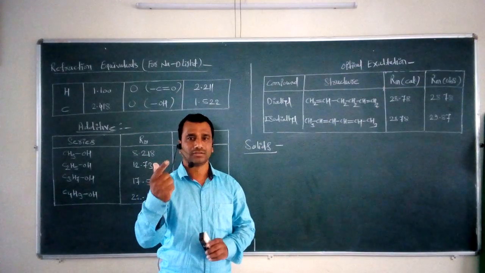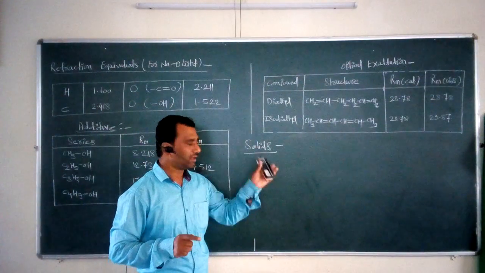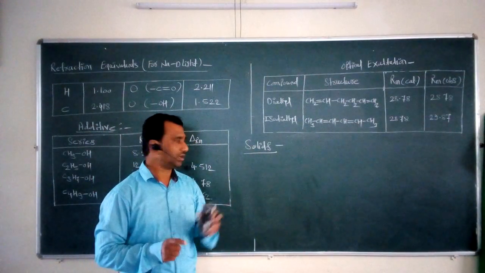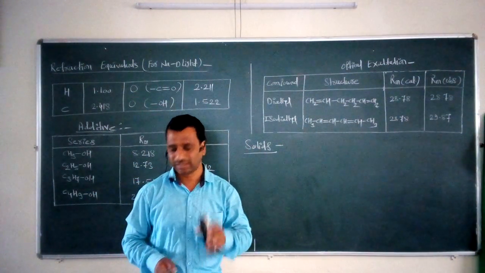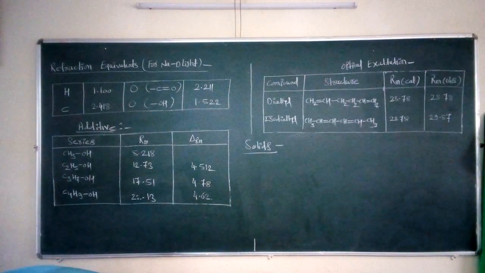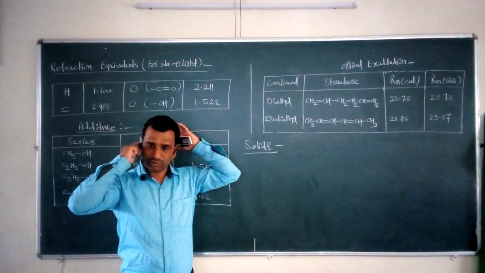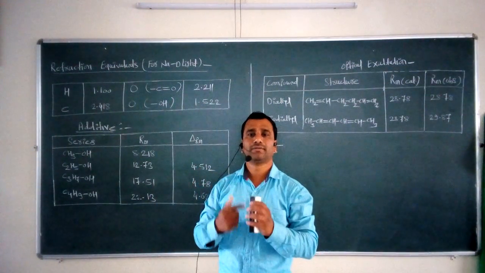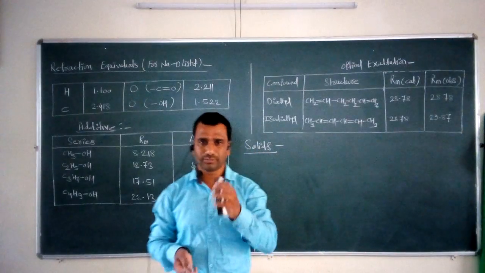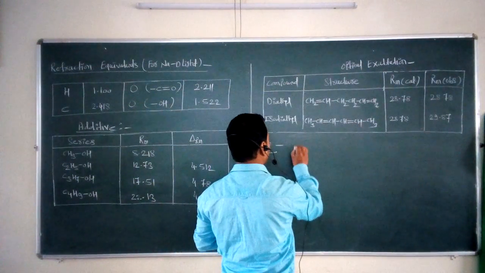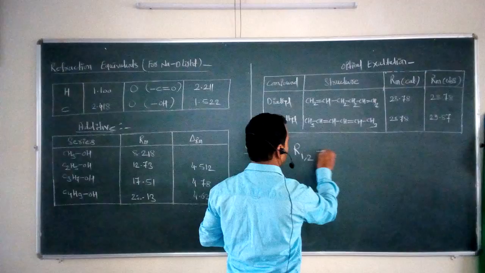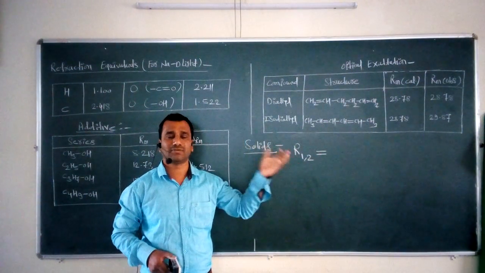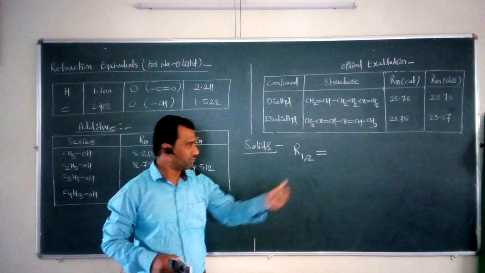After forming that solution, we may use some mathematical equations to calculate the molar refraction. For this purpose, we have to take into consideration some constants or physical parameters of the liquids. So we take a simple equation: R1,2 is equal to, where capital R stands for molar refraction.